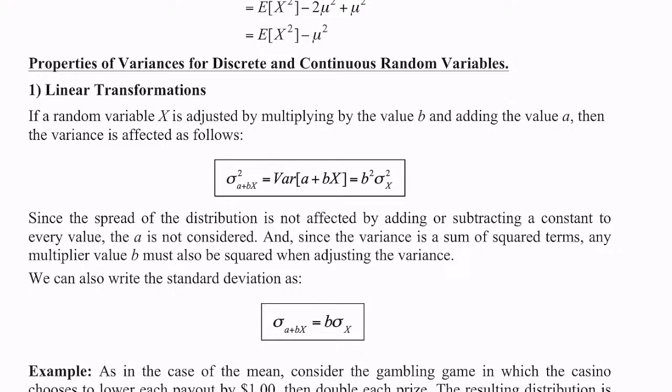Here again is a linear transformation. Notice we did talk about this, right? I said just ignore the a or the shift term. The variance just becomes squared, just like all the deviations from the mean were squared, and then the sum was averaged, and then we take the square root to get the standard deviation.